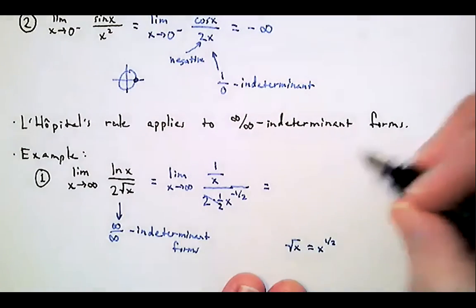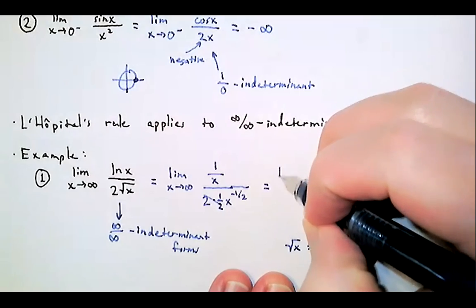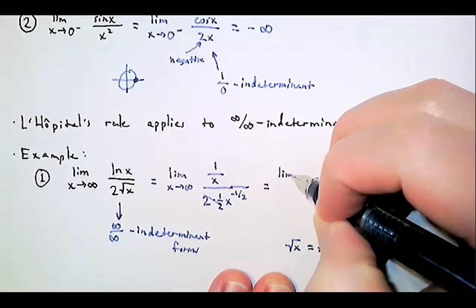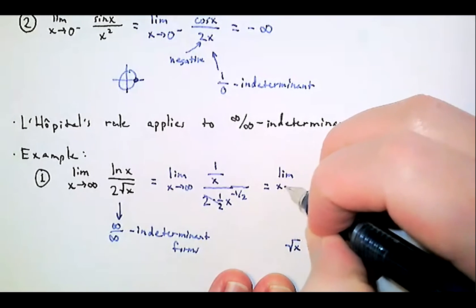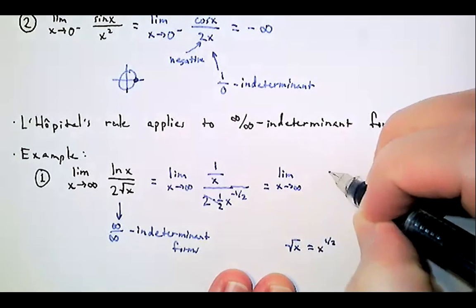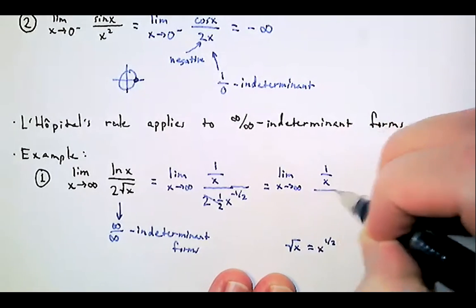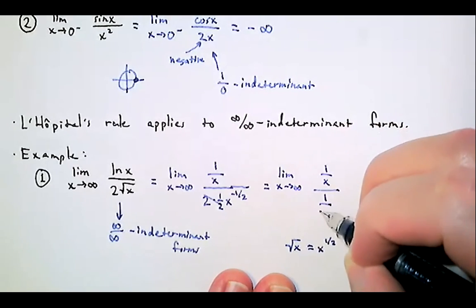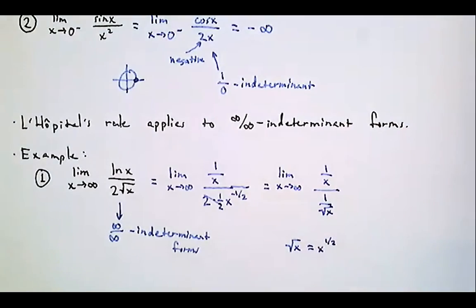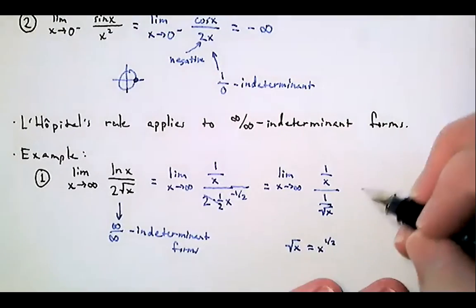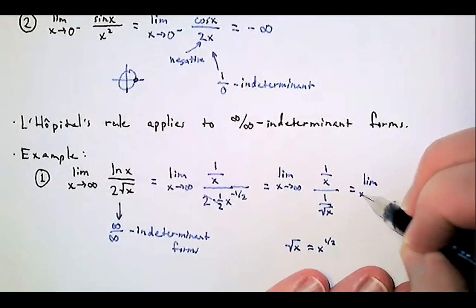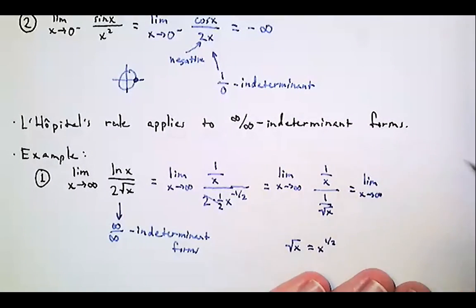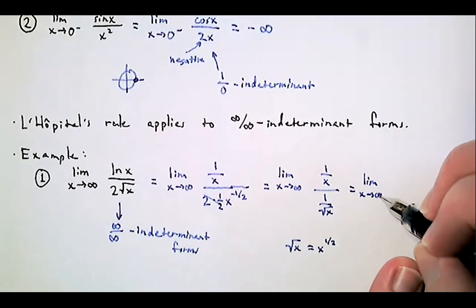And x to the -1/2, you should remember, is just dividing by the square root. And you don't have to write out all of these steps. There are other ways to simplify this. I just wanted to illustrate.